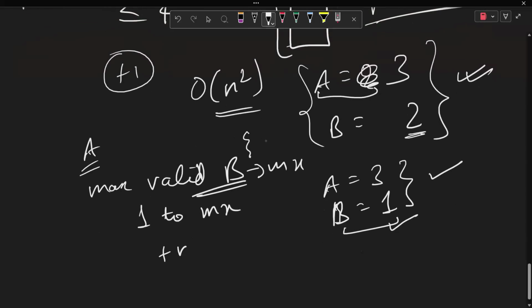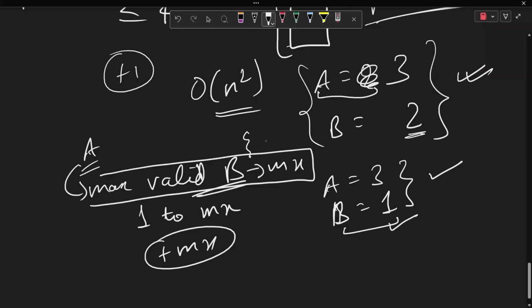So we can just add mx to our answer, since we would have mx number of valid pairs of a and b. So for a given a, we just need to find the maximum valid b. Then we can just add mx to our answer, and this way we would just need to iterate over all the a's, and we can compute in O of n.